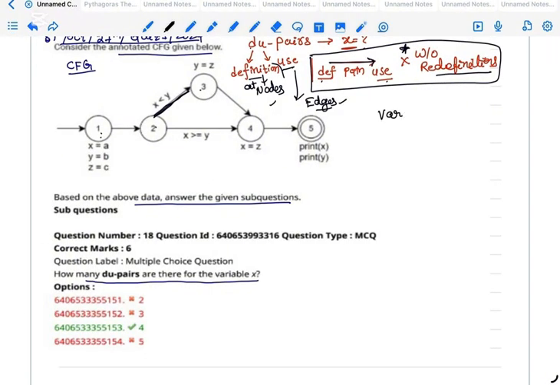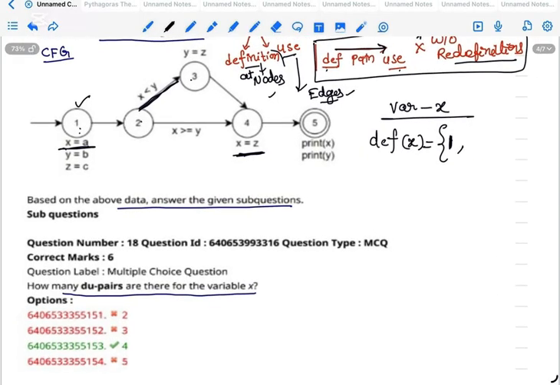So for the variable x, write the definitions. Where we define the variable x: x equals a is defined at node 1, and x is defined at node 4, x equals z. So the definitions of x are 1 comma 4.